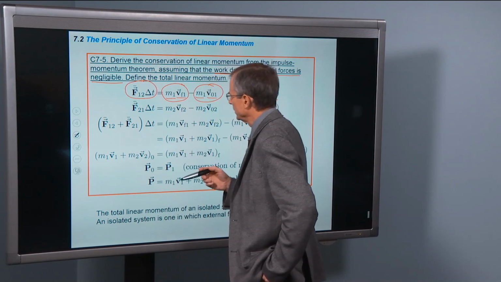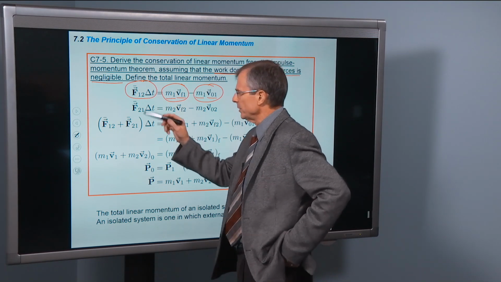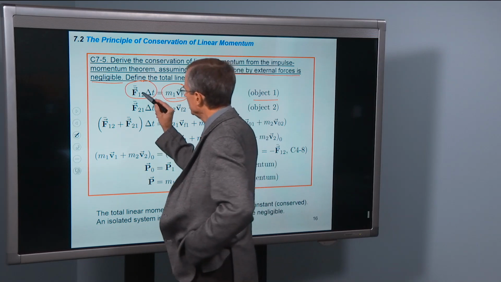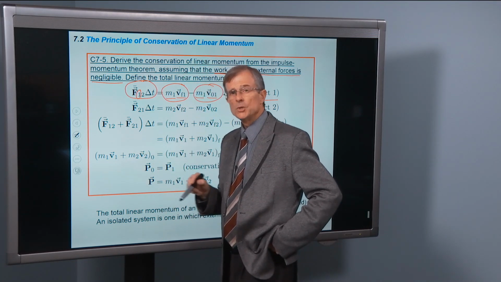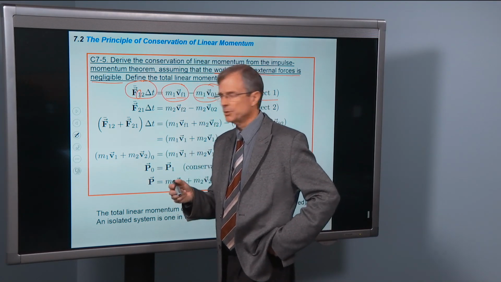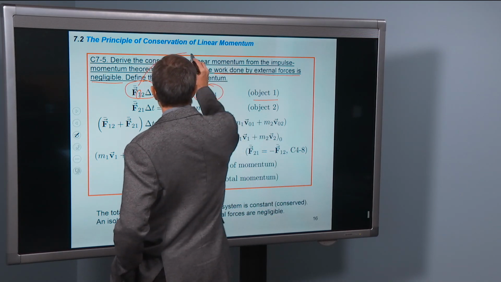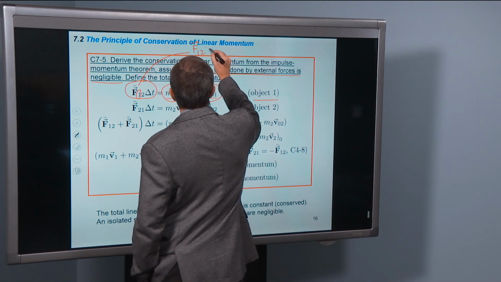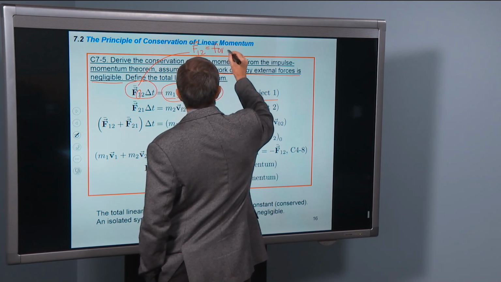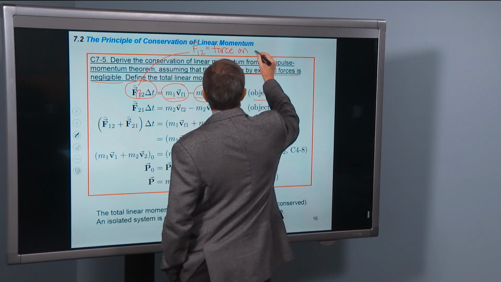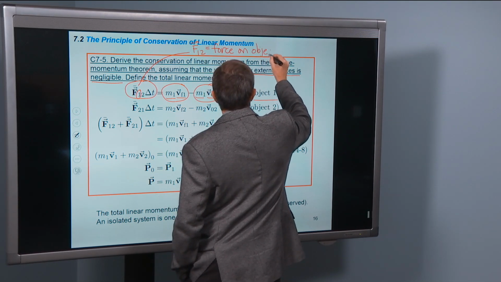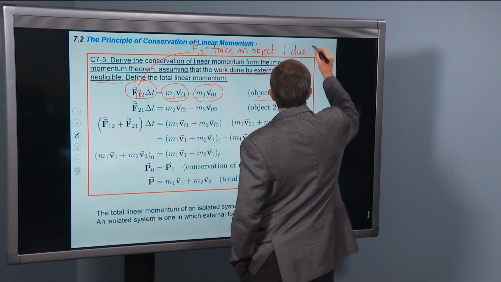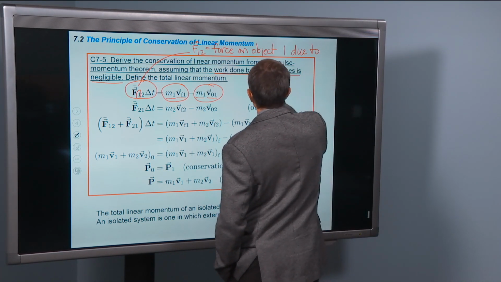I misspoke before when I said what F12 and F21 is. This one is the force on Object 1 due to Object 2. So let me just write that out. F12 is the force on object 1 due to object 2.